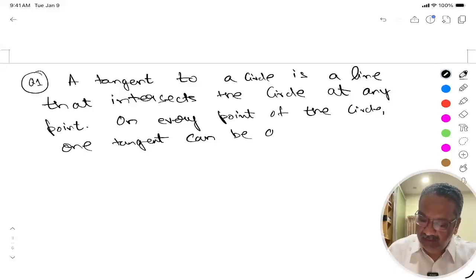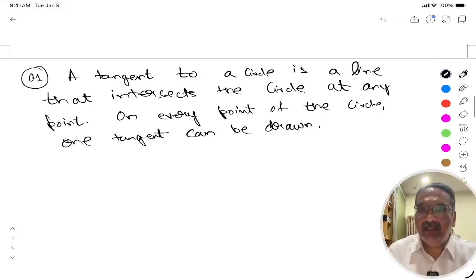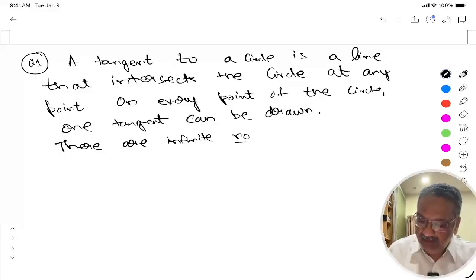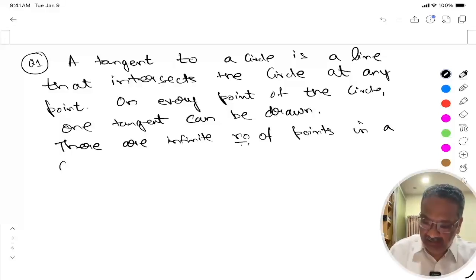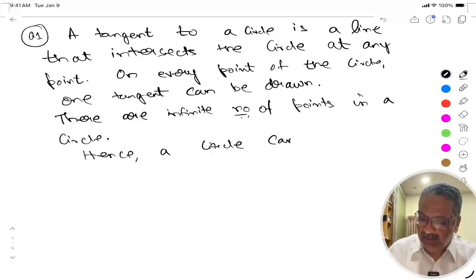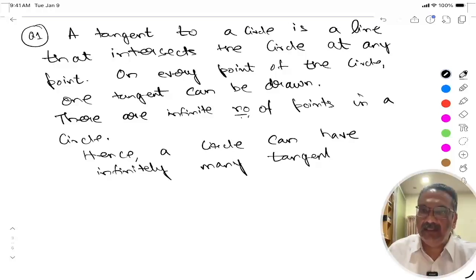One tangent can be drawn, but there are infinite number of points in a circle, correct? Hence, a circle can have infinitely many tangents.